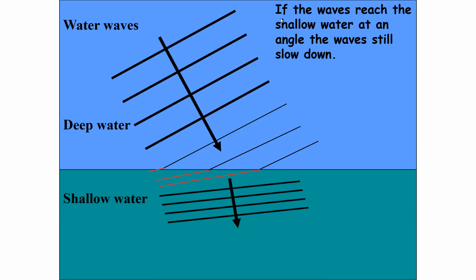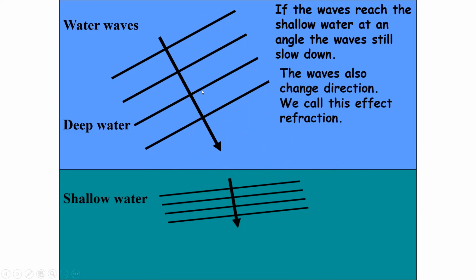And what we observe is that as the wave slows down, it bends towards the normal. Again, the frequency remains unchanged, only the speed and the wavelength decrease.